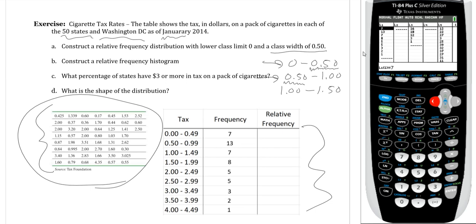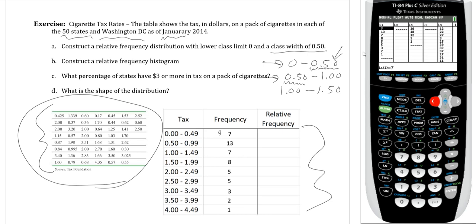The upper class limits are never really included in this way, which is why we very often will instead present it as 0 to 0.49 instead. Although really, 0 to 0.49 means 0 to 0.499999. It really means 0 up to 0.5, but not including 0.5.